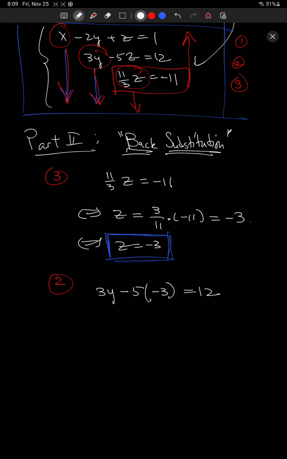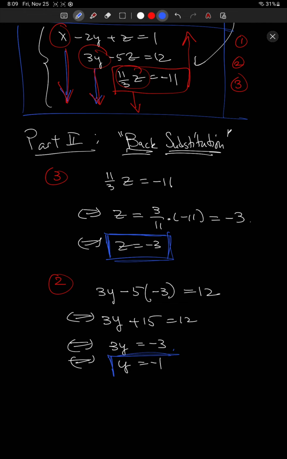We're just sticking z equals minus 3 into equation 2. As you'll notice, there's only y's in here, so we can solve this for y. 3y plus 15 equals 12, which tells me 3y is equal to minus 3, which tells me y is equal to minus 1. Let's put that in a box. That's our final answer for y.